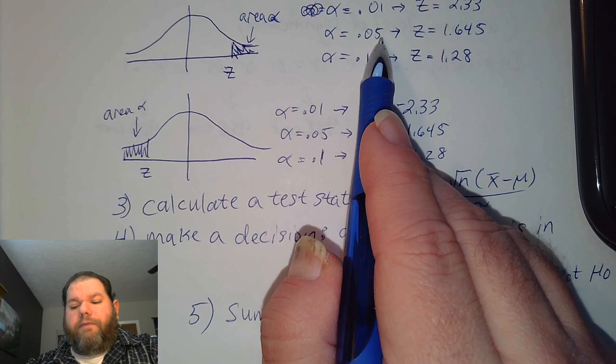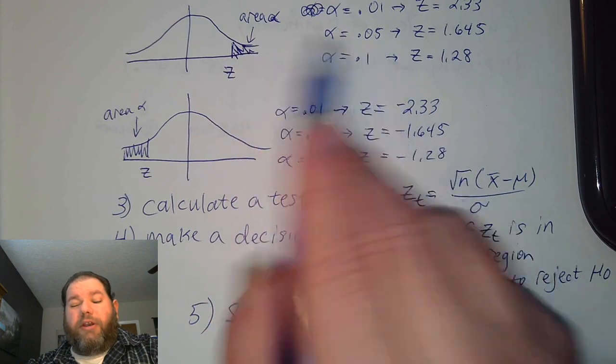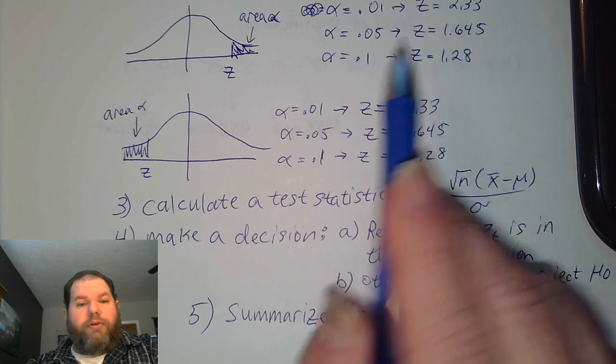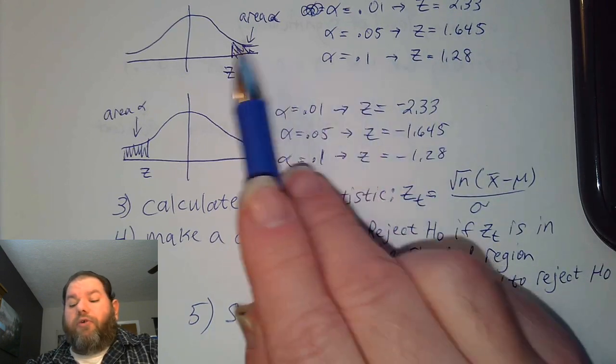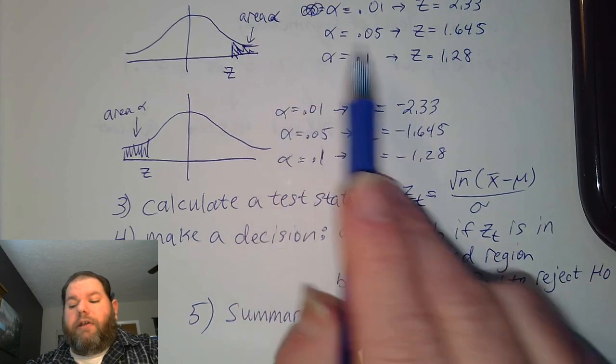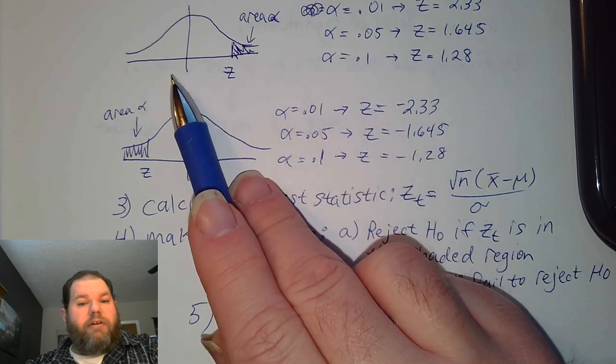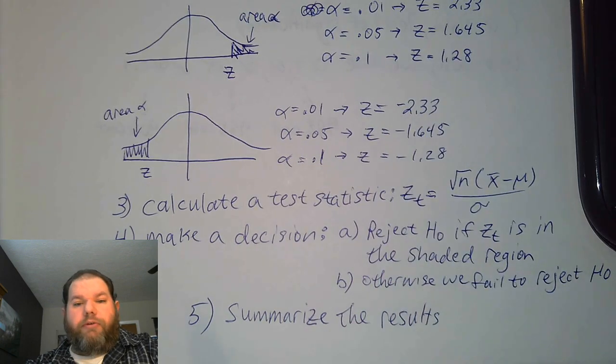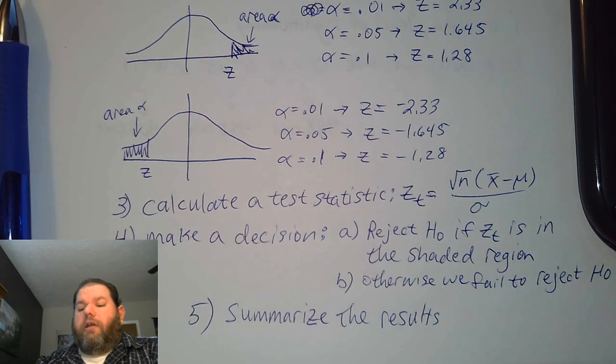For 0.05 to the right, that means there's 0.95 to the left, 95th percentile. That would be 1.645. And then for 0.1 being our area to the right, that means there's 90% of the area to the left. So 90th percentile, 1.28. So that's how we would arrive at those values if we needed to figure those out.